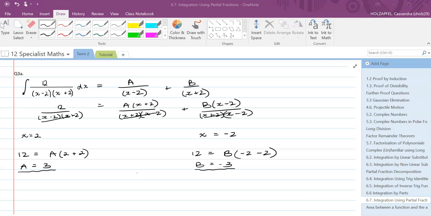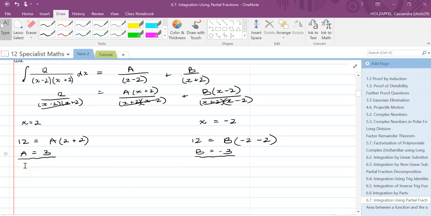So this is where we're actually going to get some value out of doing this partial fraction decomp, because now I'm going to put my value for a in front of this fraction here, and then my value for b in this fraction here. And so if we wanted to find the integral, hold on, I just might scroll down.